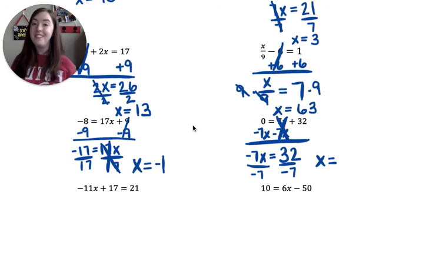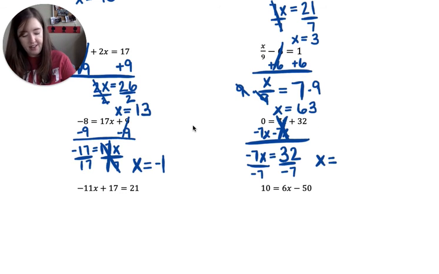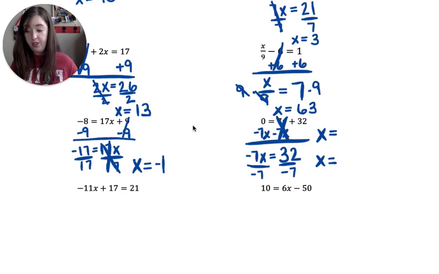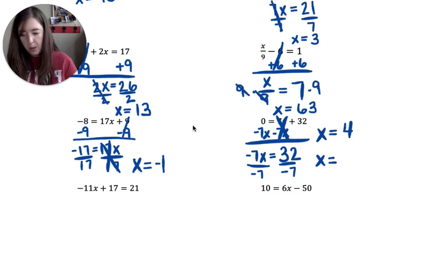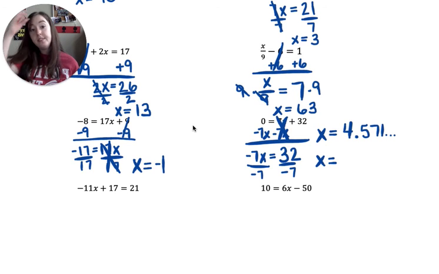Now 7 doesn't go nicely into 32, so this is where I would go ahead and get out my calculator. So I'm going to go ahead and take 32 divided by negative 7. And when I do that, I'm going to get 4.571 blah, blah, blah, right?